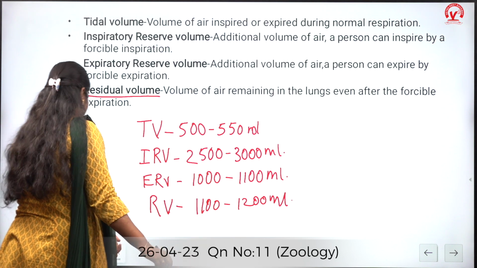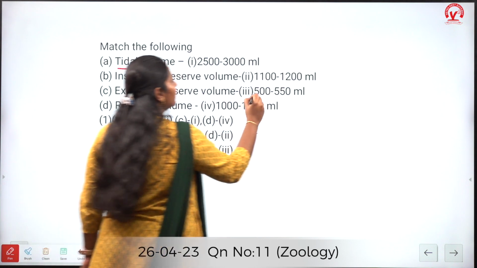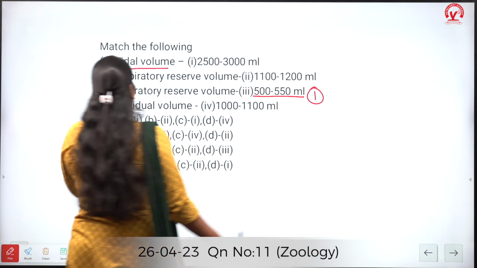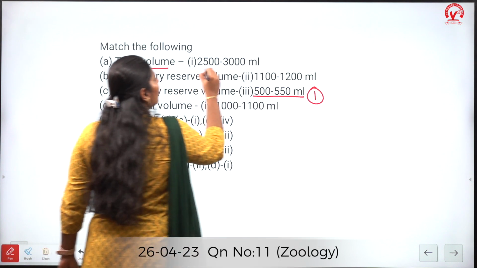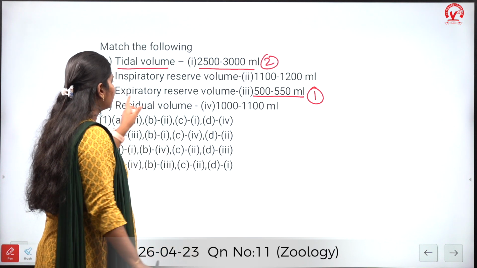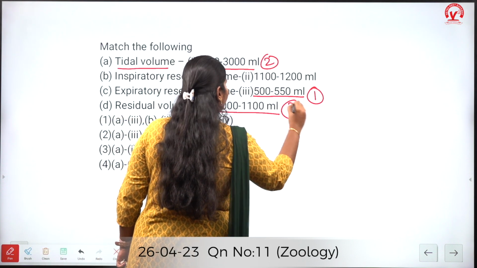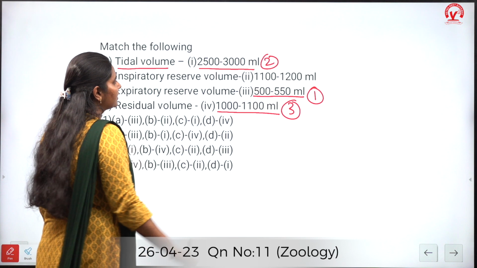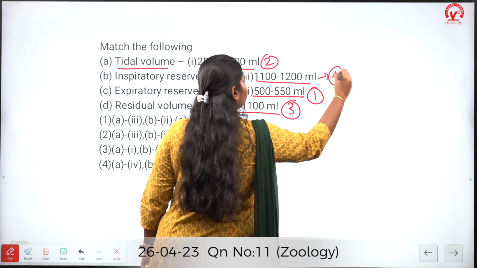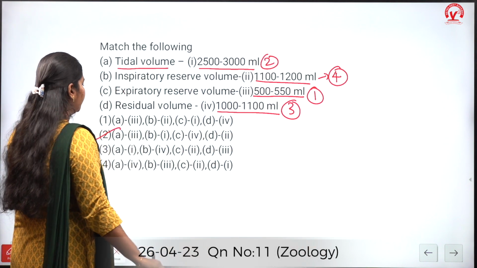So now we will match the options. For tidal volume, the value is 500 to 550 ml, for inspiratory reserve volume it is 2500 to 3000 ml, for expiratory reserve volume it is 1000 to 1100 ml, and for residual volume it is 1100 to 1200 ml. So the correct answer is option 2.